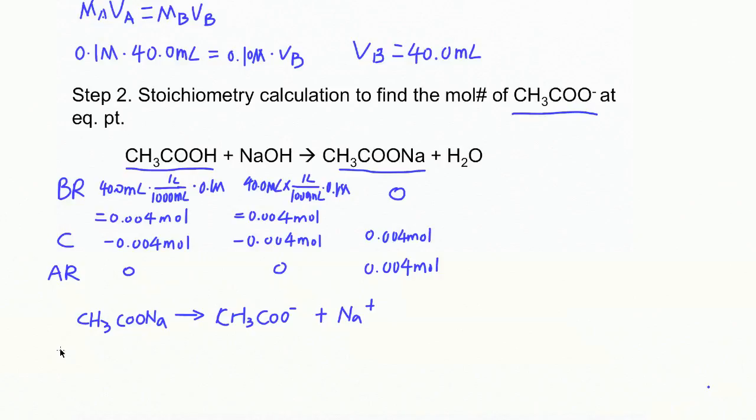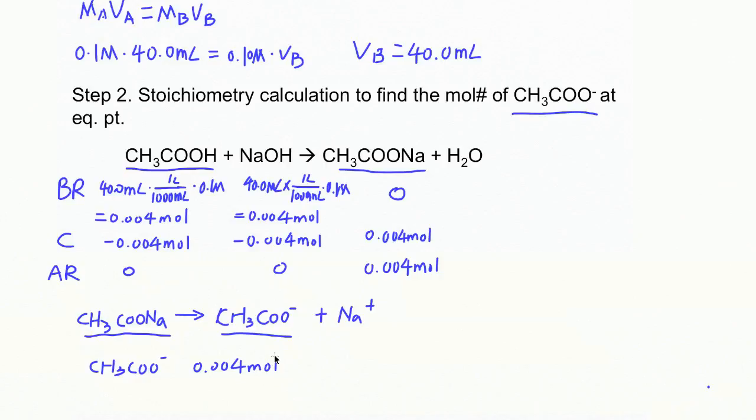That means once you find out the mole number of the sodium acetate, you find out the mole number of acetate. So the mole number of the acetate is 0.004 mole.